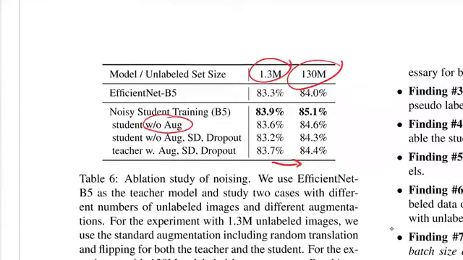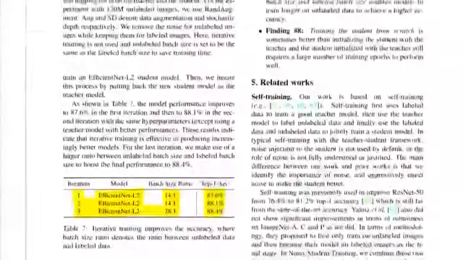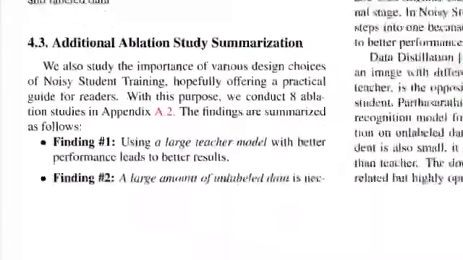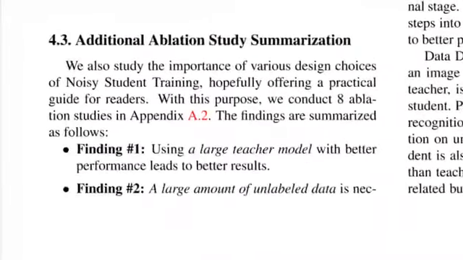When you do not data augment, you can immediately see that the accuracy drops. And then when you do not augment and also don't use these model noises, the performance drops again. And lastly, when you use the teacher but you noise the teacher, you can see the performance is also dropping from the original quite a bit. So all of these things kind of contribute, and they do much more ablations, and they have listed their findings here.